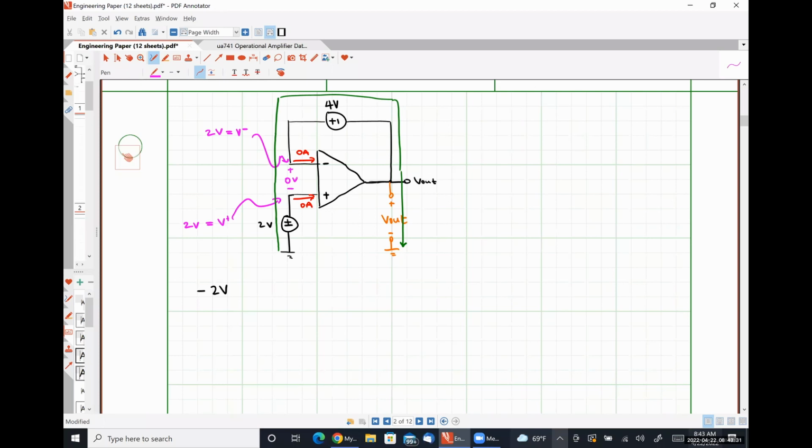So I have negative 2 volts minus 0 plus 4 volts plus V out equals 0. And from this, V out has to be negative 2 volts.